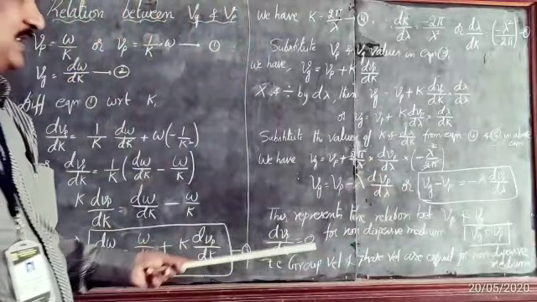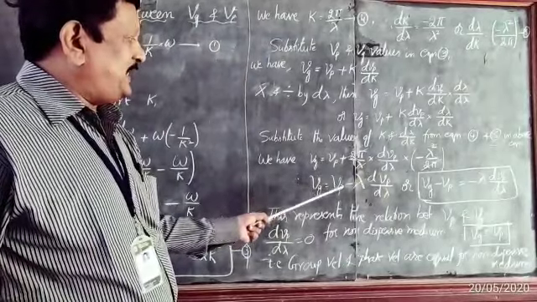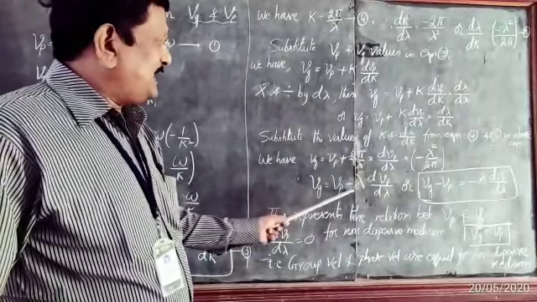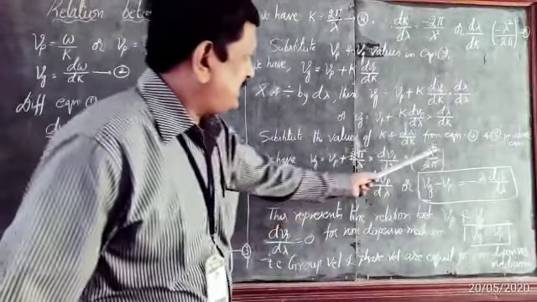After simplification, Vg is equal to Vp minus, here 2 pi will get cancelled, lambda.